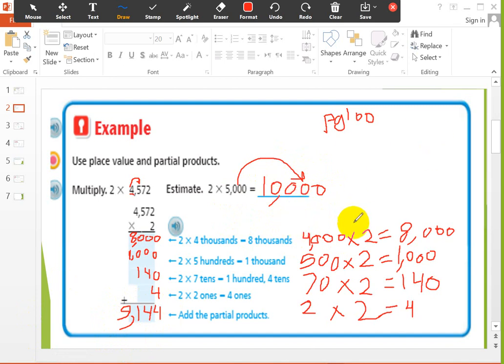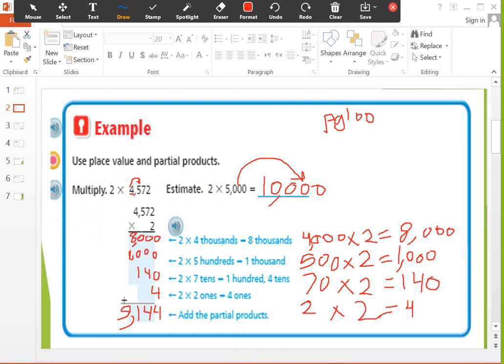Okay, girls? If you have a question about this example, type it in the chat box. How 9 in the thousands digit? I have 8 and 1. 8 plus 1 equals 9. Okay? If you have a question about this example, please type it in the chat box. Okay, Bisan, I'm waiting.